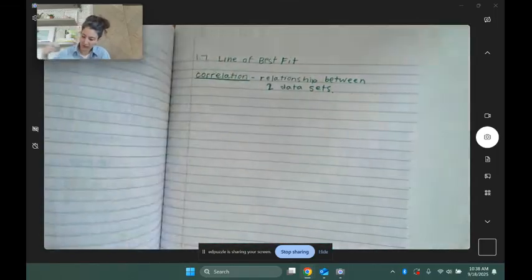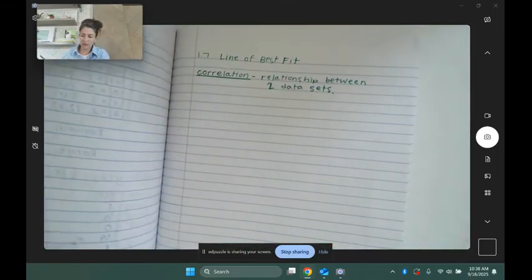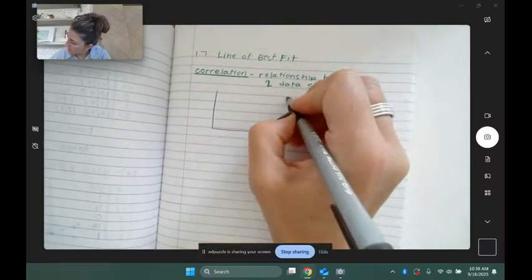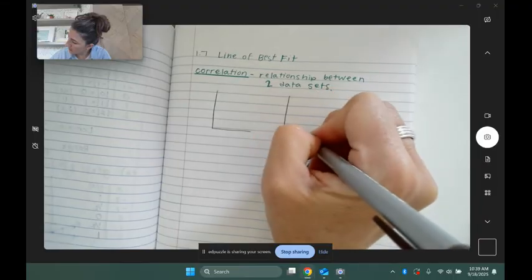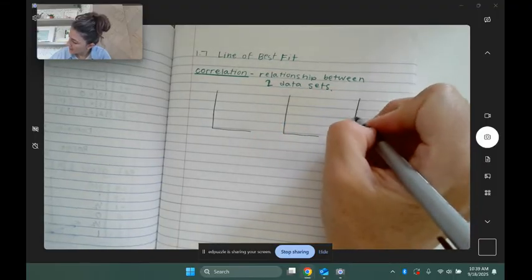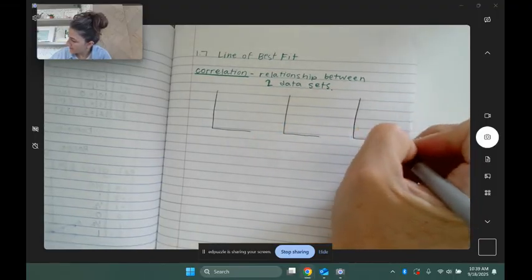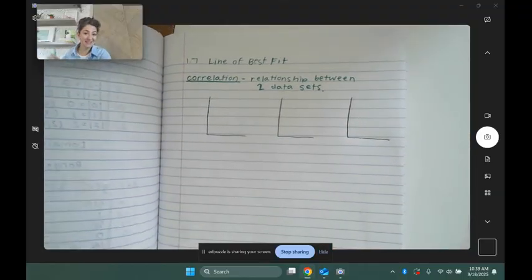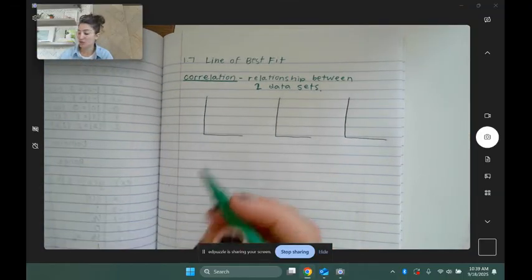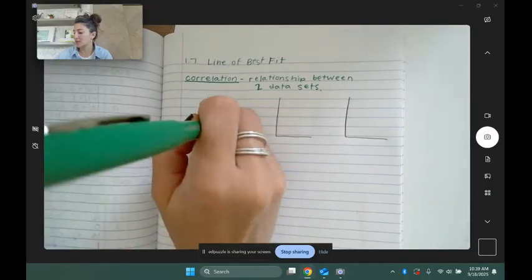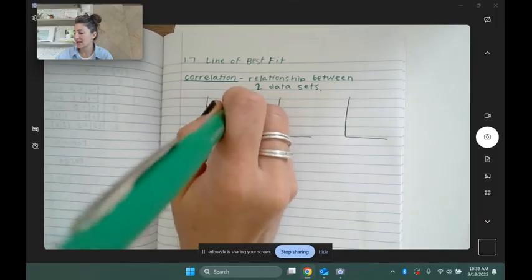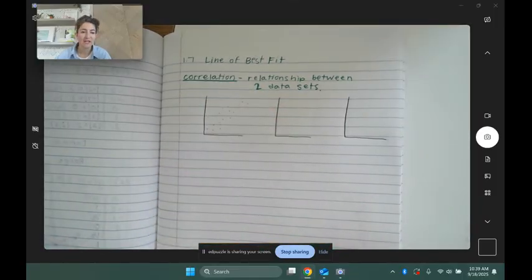So I'm going to draw just three little graphs here, sticking with just the positive quadrant. In my first graph, let's put some data points, and mostly they are trending up.